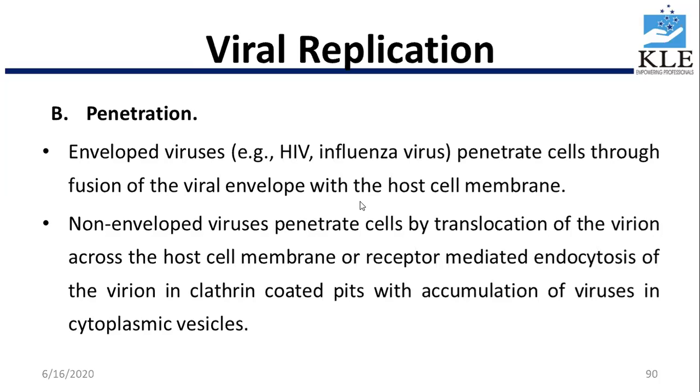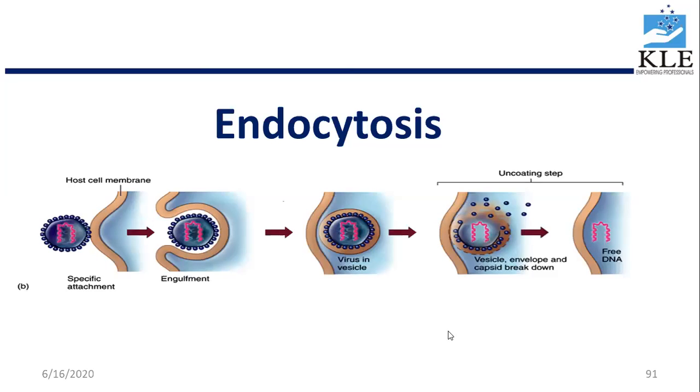So in either of the two methods, the virus will enter inside the host cell. In this one, you can see that the first one is the endocytosis. It's just similar to phagocytosis. Once there is a specific attachment on the surface of the host cell, this attachment starts certain biochemical reactions, because of which the host cell will engulf the whole virus inside.